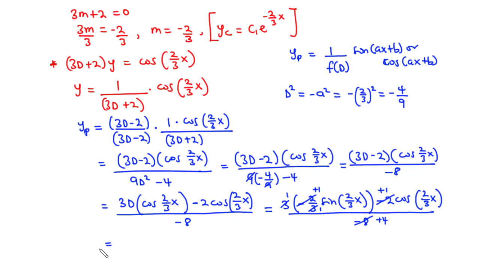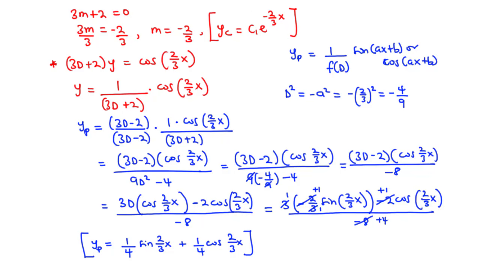Therefore we have yp equal to 1 over 4 sine 2 over 3 x plus 1 over 4 cos 2 over 3 x. So this is yp.